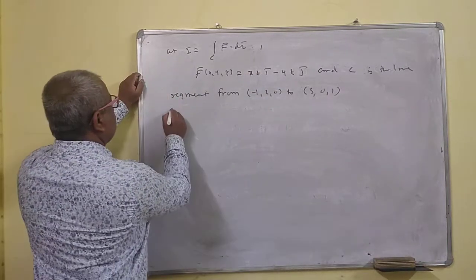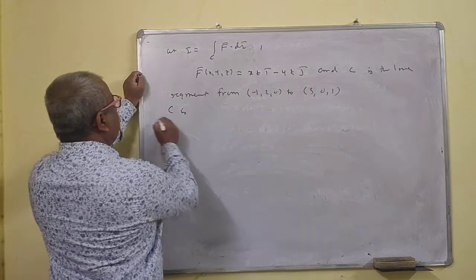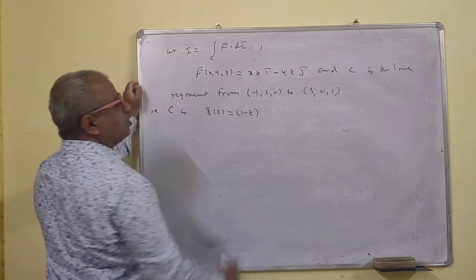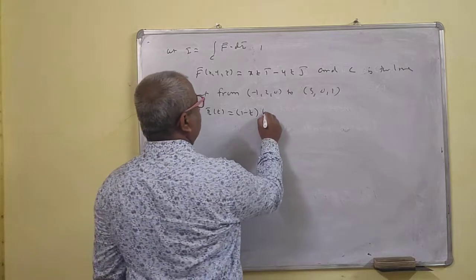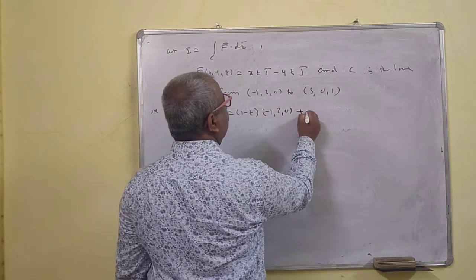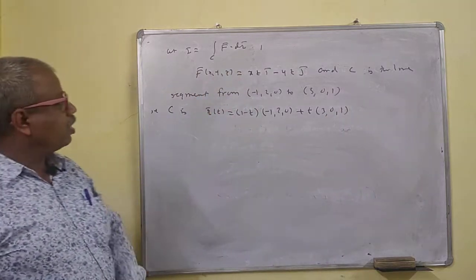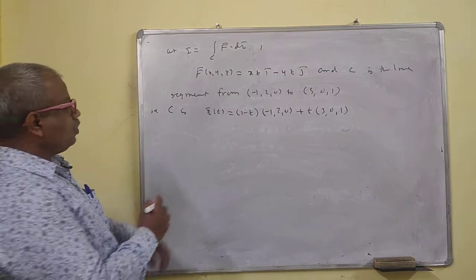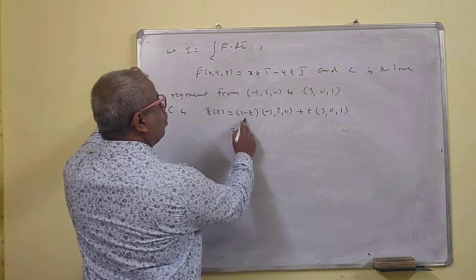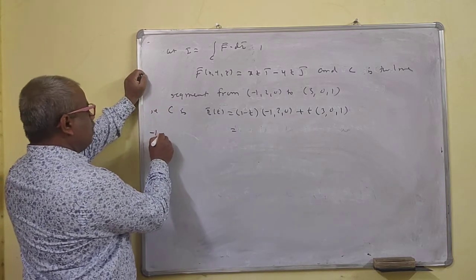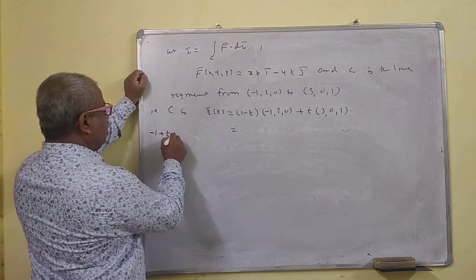Okay, now c is the line segment, that is c is r bar of t is equal to 1 minus t. Your first point is what? Minus 1, 0 plus t. Your second point was 0, 1. So this is what then, 1 minus t. So this is minus 1 plus t plus 3t.